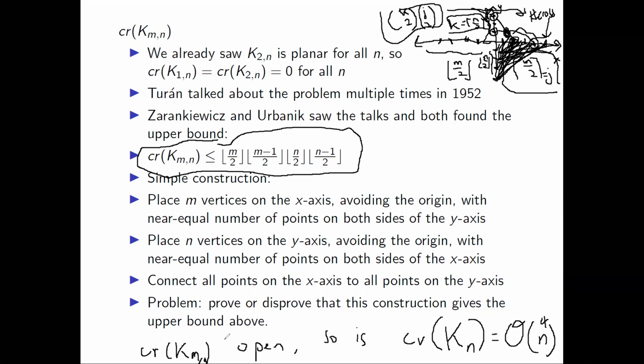And the crossing number of the complete bipartite graph, that one also has bounds that are sharp up to a constant factor. And we're going to talk about why we can obtain sharp bounds up to a constant factor.